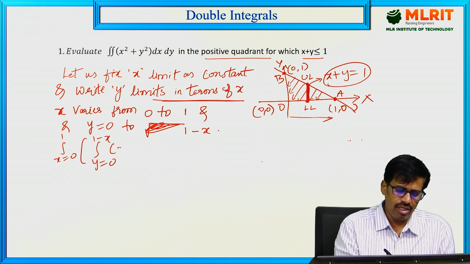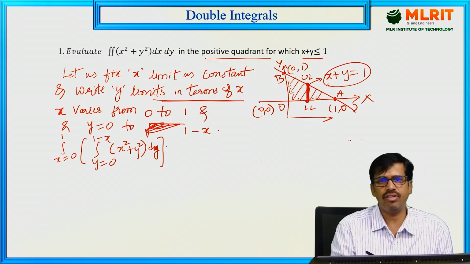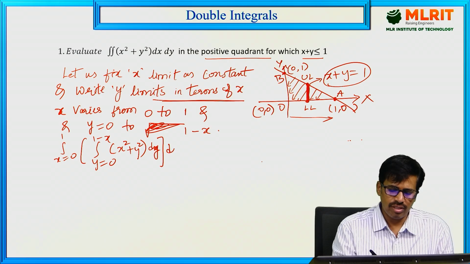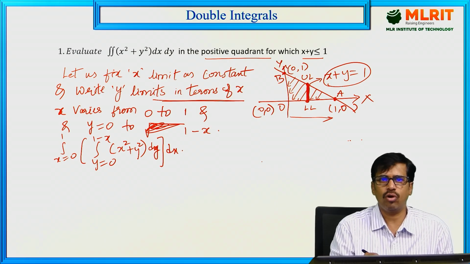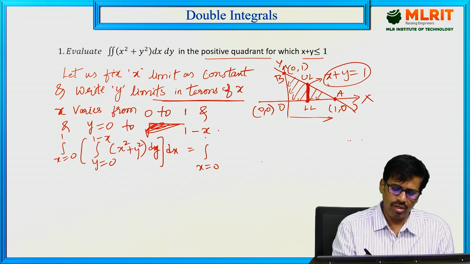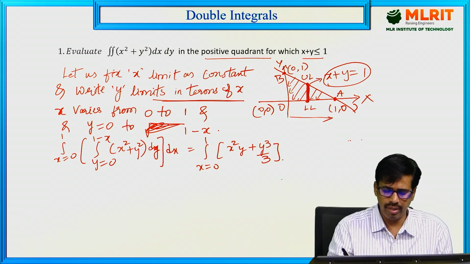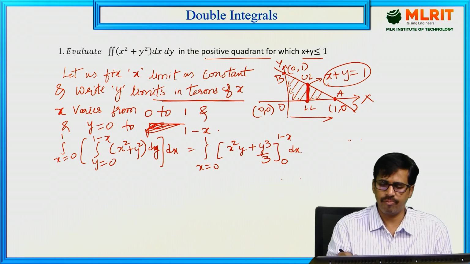The function is x square plus y square dy. First we integrate with respect to y, then with respect to x, because the x limits are constant. So x is equal to 0 to 1. The integration of x square dy is x square into y, plus the integration of y square dy is y cube by 3, and the limits are 0 to 1 minus x.